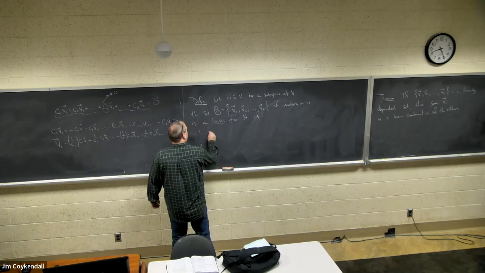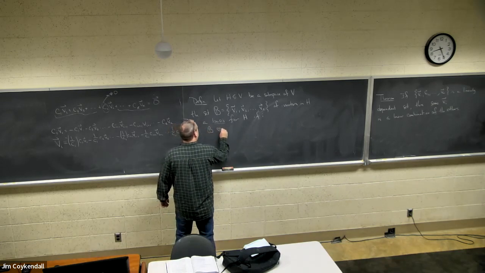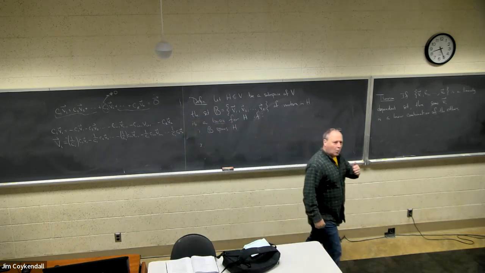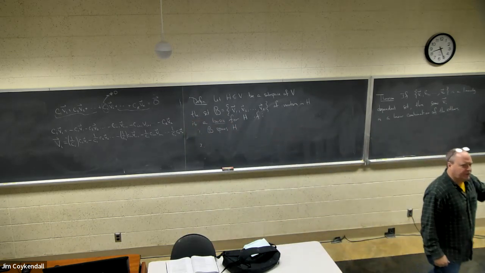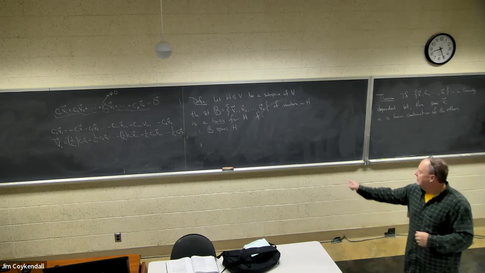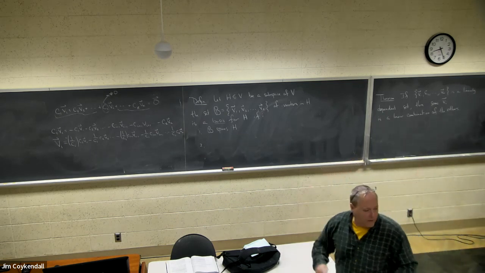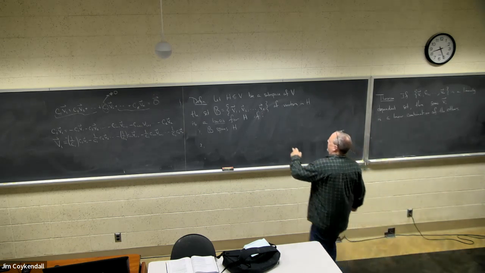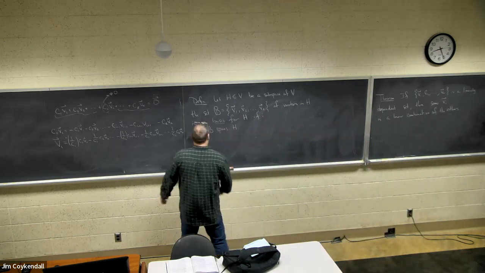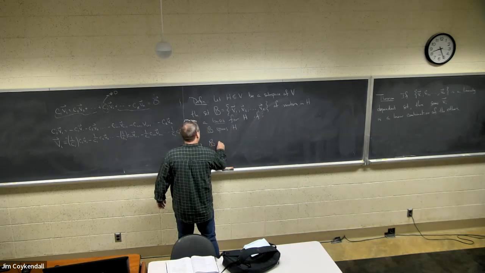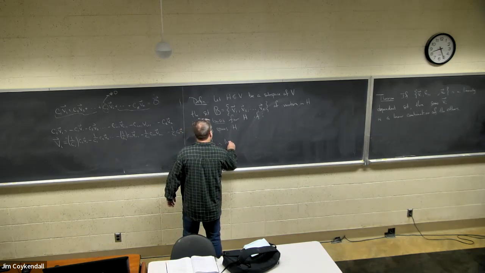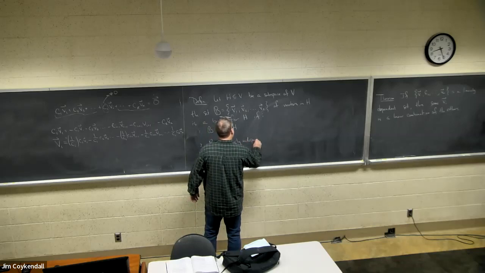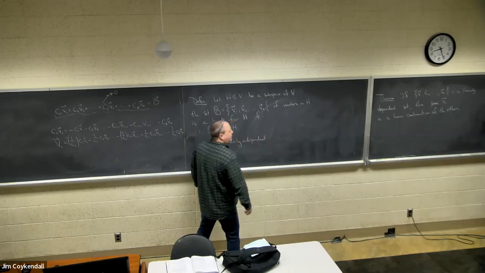Number one, B spans. What this means is every single vector in H can be expressed as a linear combination of those k vectors there. Everything in there is in the span of this. And two, you need this to be linearly independent.